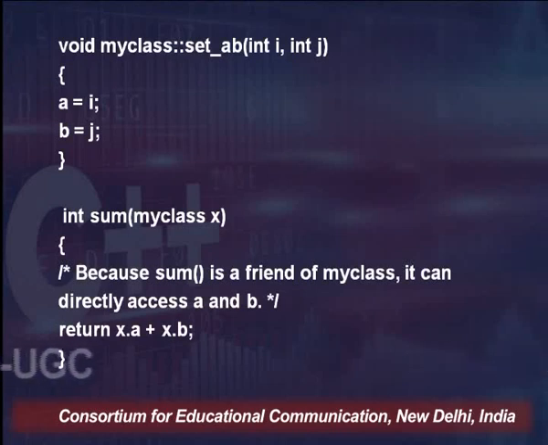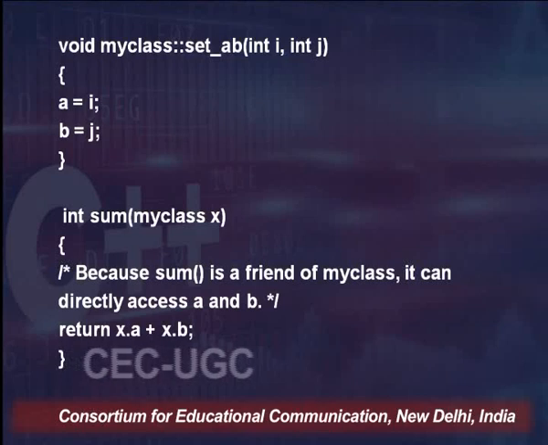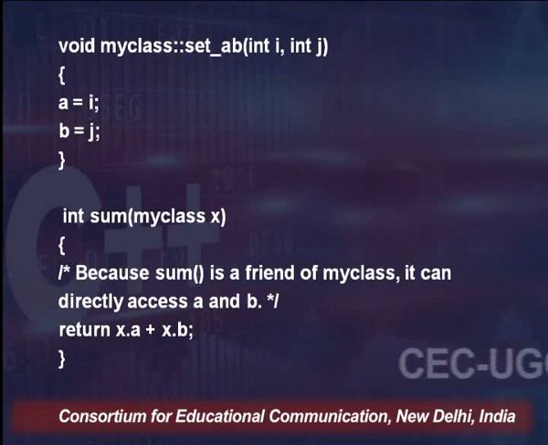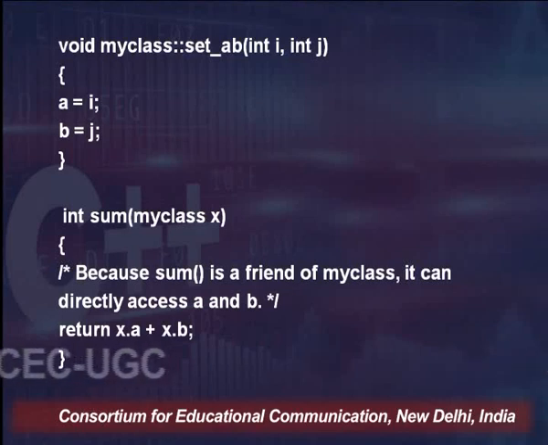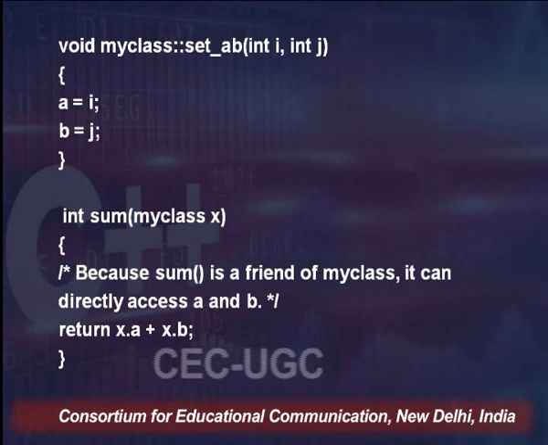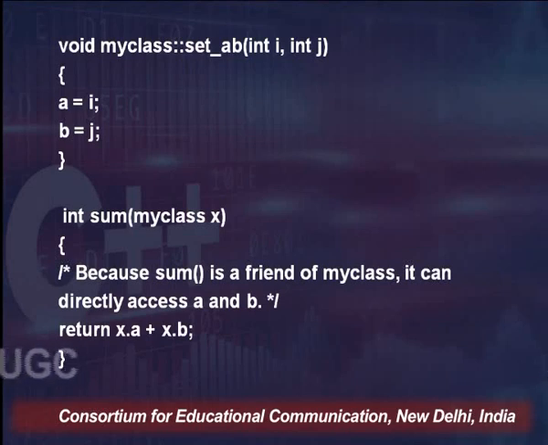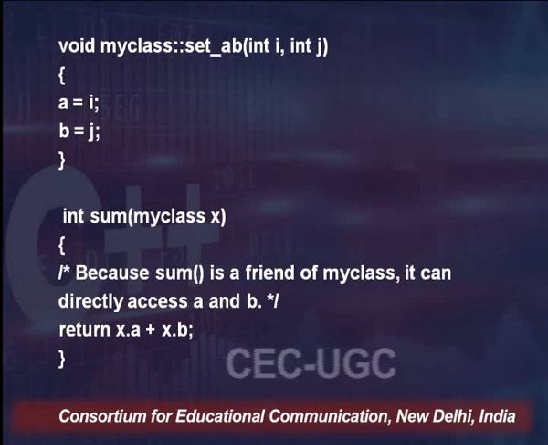If you notice, set_ab with integer i, integer j has been defined with the scope resolution operator, which is the double colon, and before it is given the class name MyClass, after the return type, which is void.